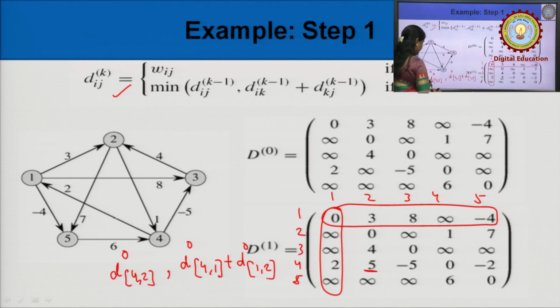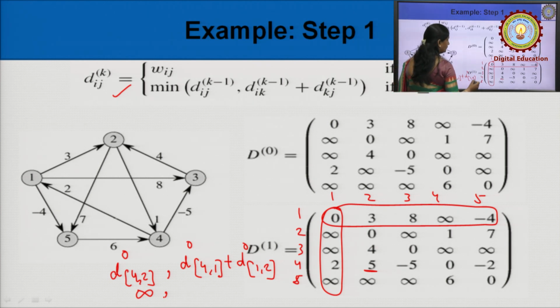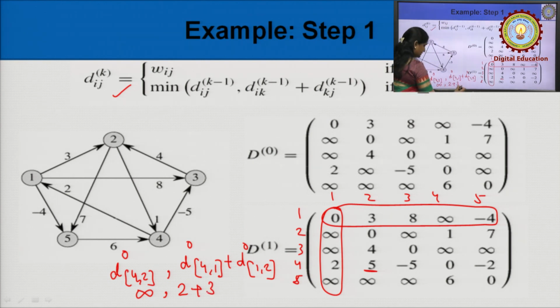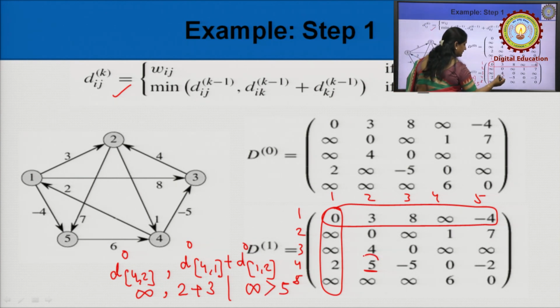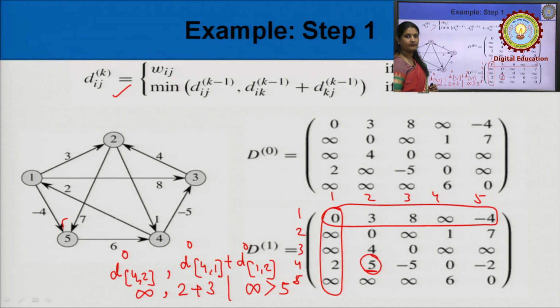The value of 4, 2 in the previous matrix is infinity. The value of 4, 1 is 2, and the value of 1, 2 is 3, that is 5. Infinity and 5, which is minimum? Minimum is 5. So put the value 5.